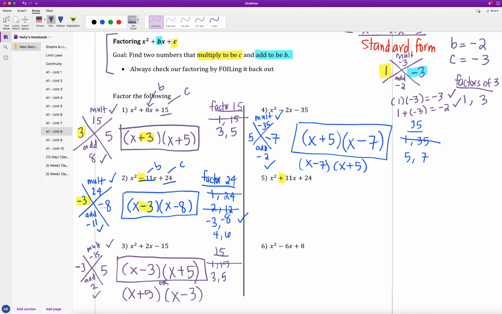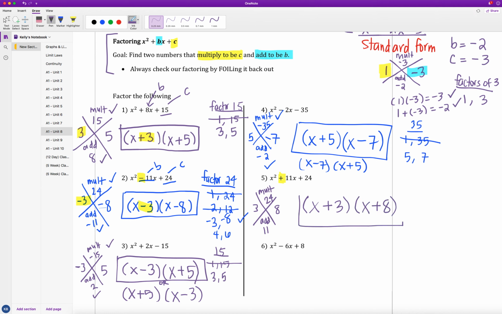The reason is when we go to figure out our numbers, those signs in front of them really do matter. So I'm still multiplying to be a positive, but I'm also adding to be a positive number. So 3 and 8 are still going to work here, but they're both going to need to stay positive since they need to add up to be positive 11, which tells me that my factored form is going to be x plus 3 times x plus 8.